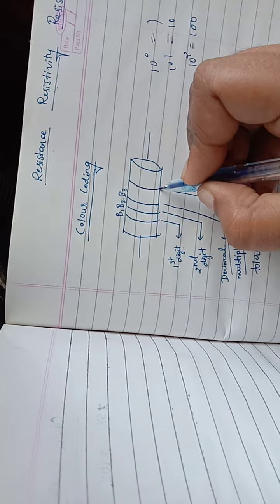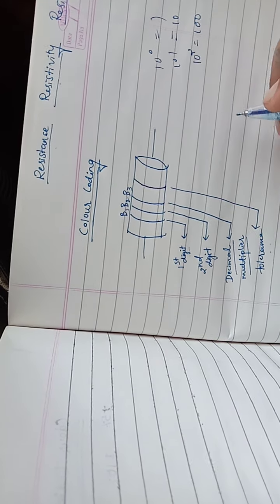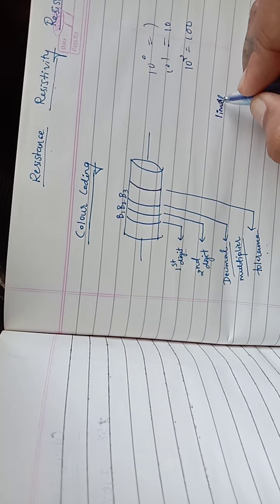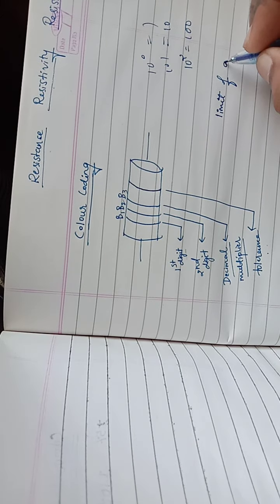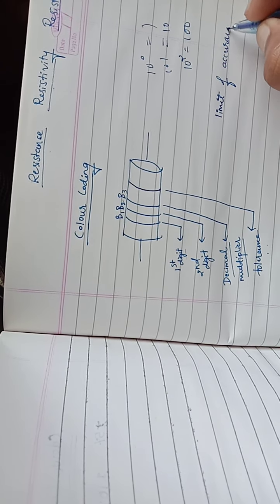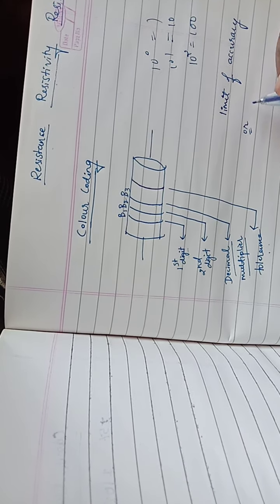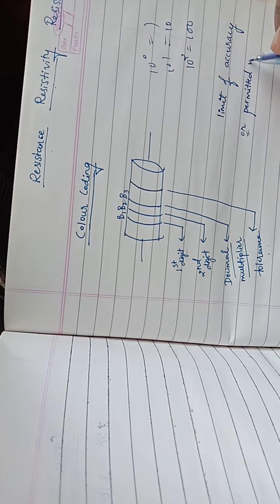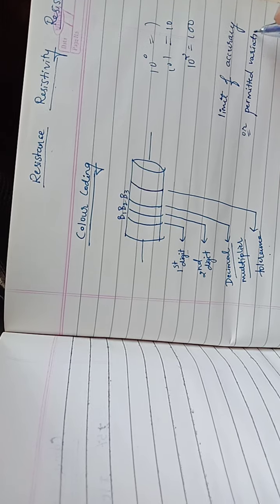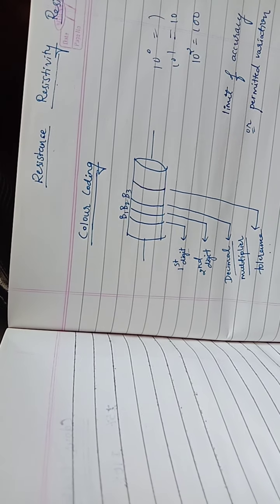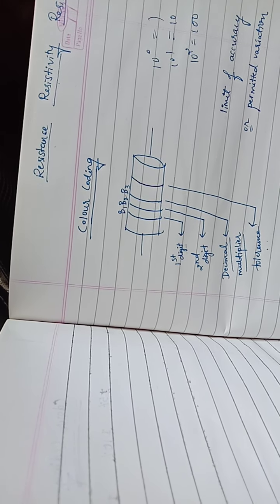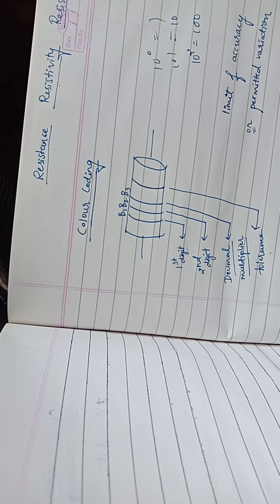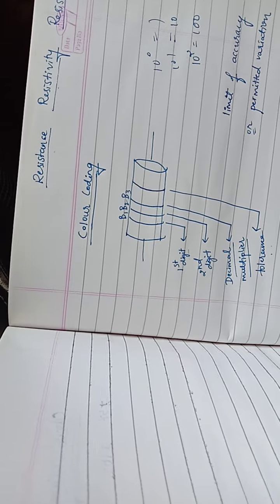The fourth band represents tolerance, which means the limit of accuracy or permitted variation. This is the basic idea. Now let's draw the table.